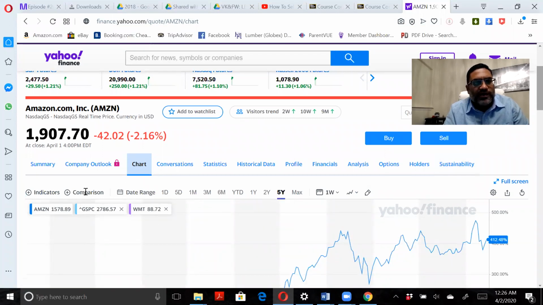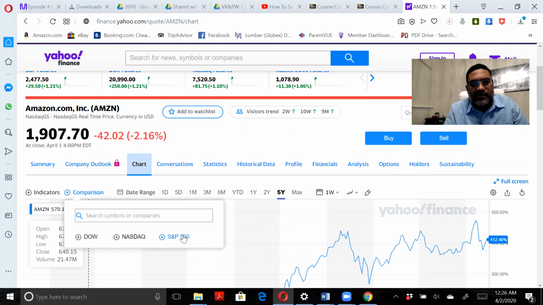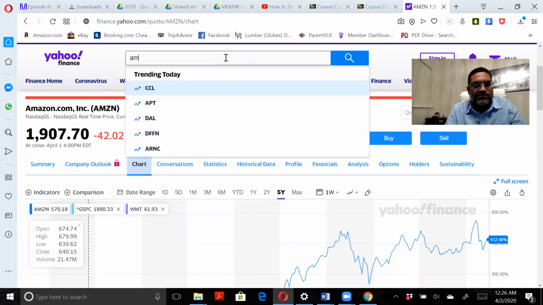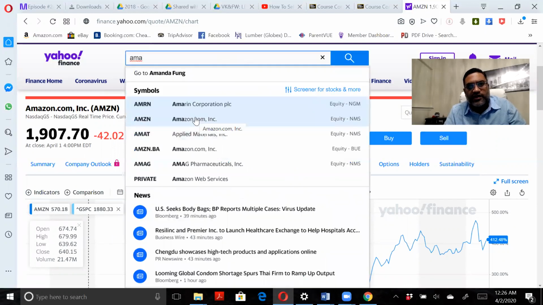And we want to compare it with the S&P 500, as I mentioned. If it's a technology company, compare it with NASDAQ. So you're typing in the name of the company. So I'm going to do that. It's like Amazon. You don't have to know the ticker symbol. It pops up. You go there. I'm doing it again, basically.